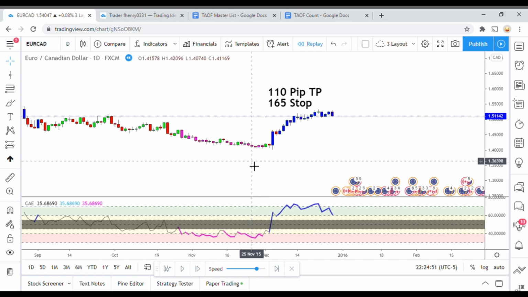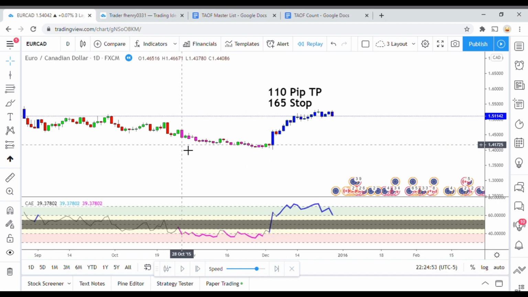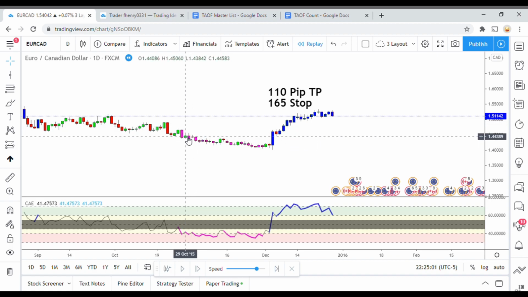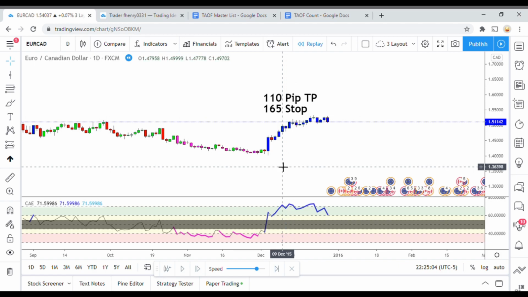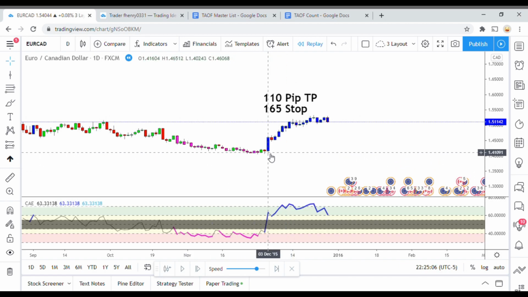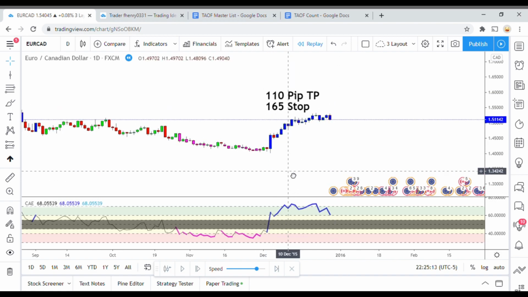And so basically, a purple bar will be our signal to go short. Of course, the close of that purple bar will be the entry to then go short. On the reverse side, we're looking for a blue bar, and the close of that blue bar to go long.